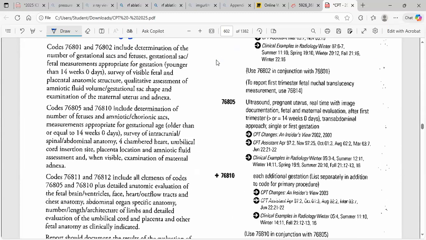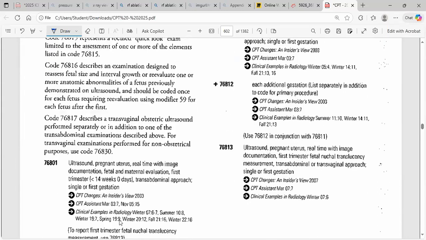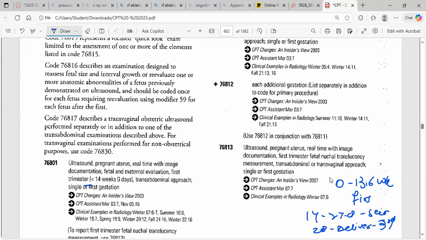So let's start with the OB first. Our OB codes are based on the trimester. First trimester means 0 to 13.6 weeks of pregnancy. 14 to 27.6 is second, and 28 to delivery, third trimester.